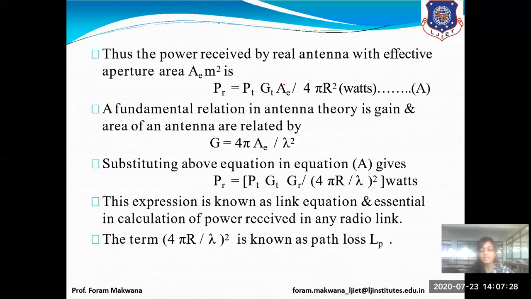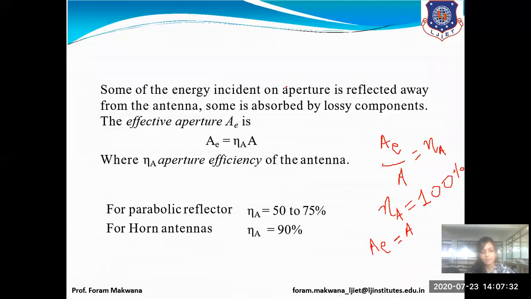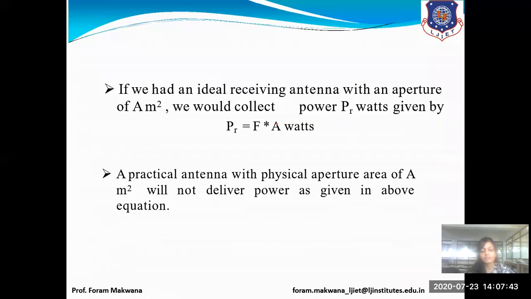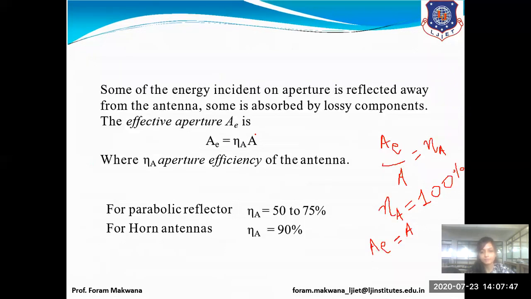Why? Because we need to consider its effective aperture. PT upon 4 pi R square is already there. We are simply multiplying this with AE, because we need to consider the received power. Okay.